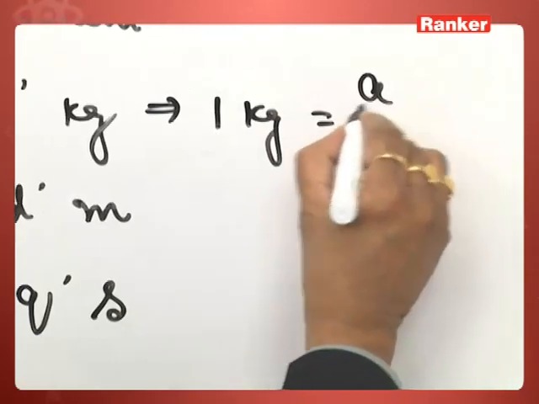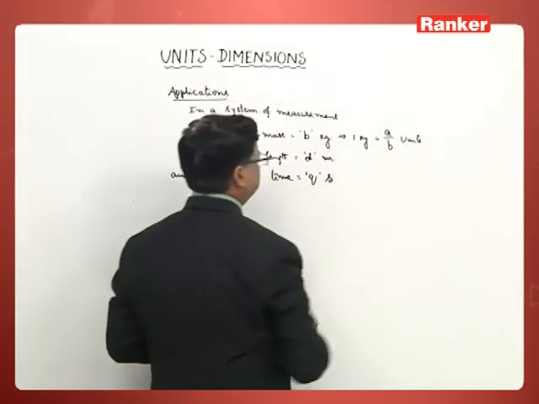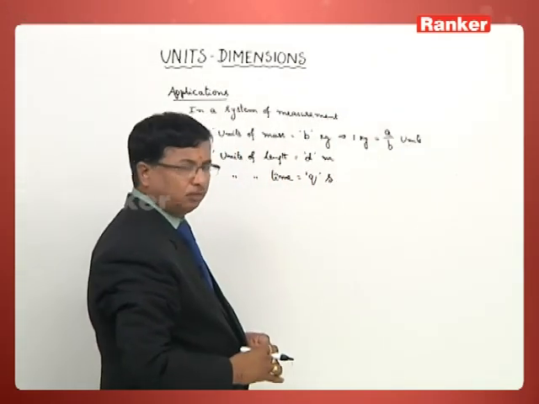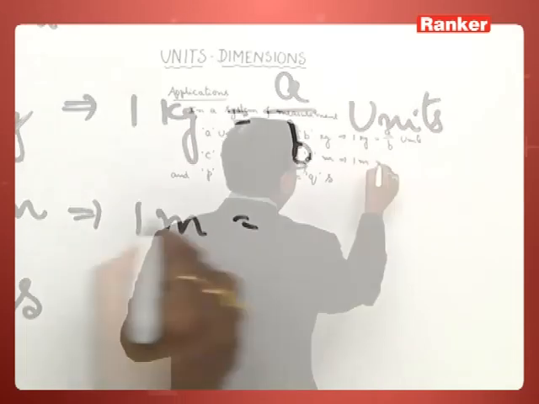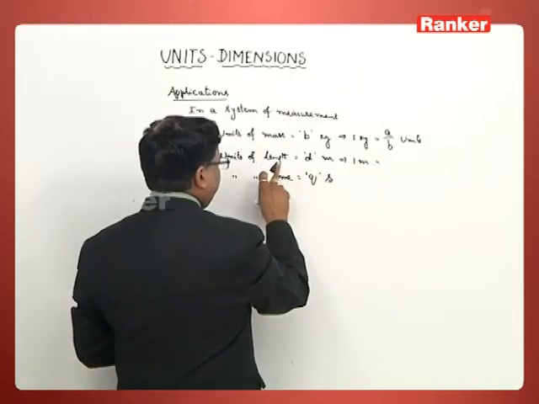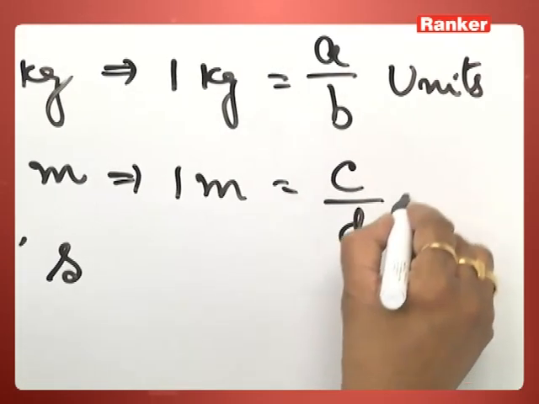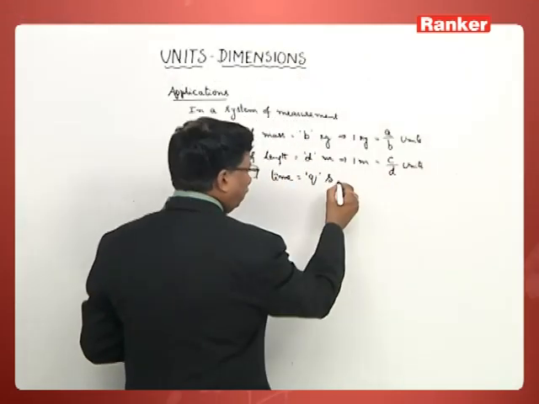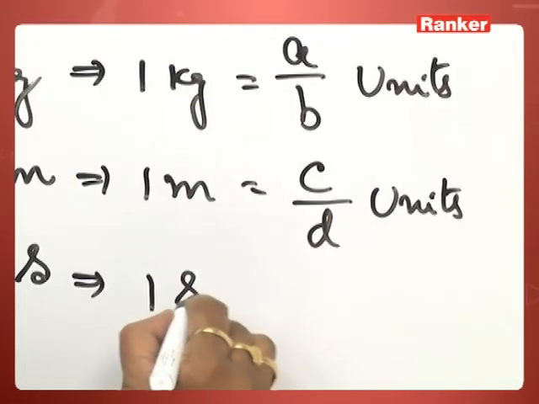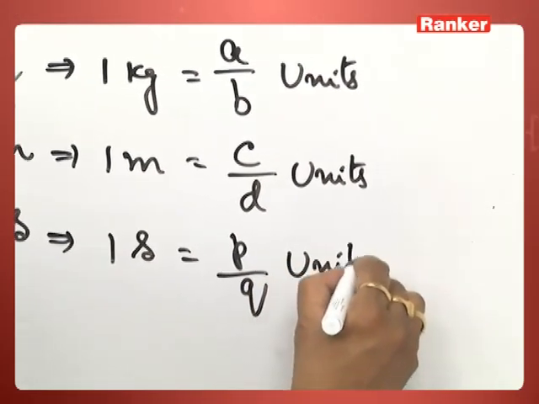That is A by B units. Similarly, what is 1 meter? C units of length is d meter. So, 1 meter is C by d units. Exactly on the same lines, I can write 1 second is equal to P by Q units.